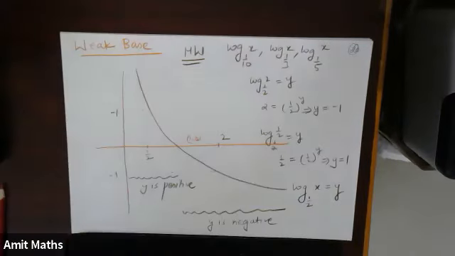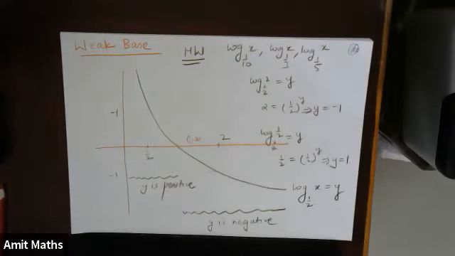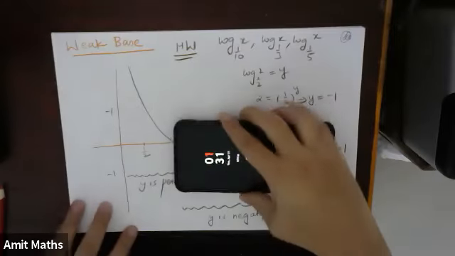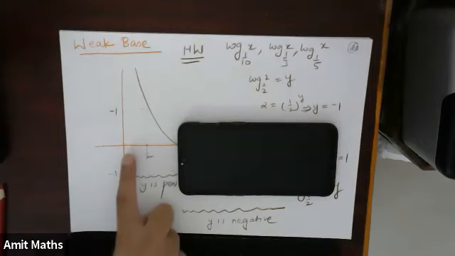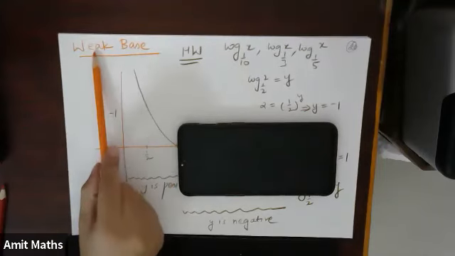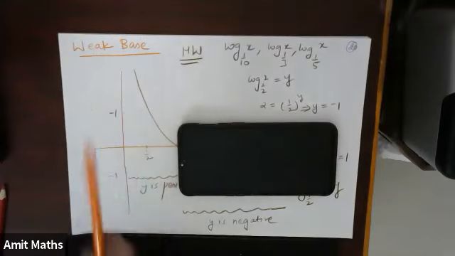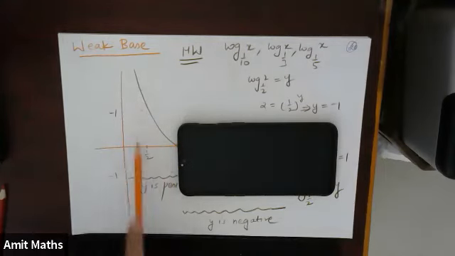Now, some of you are asking the question: why? Suppose I hide this part. If I hide this part, x is between 0 and 1. For x between 0 and 1, for weak base, no matter what value x takes, y will always be positive.